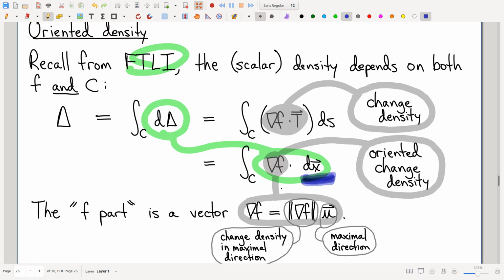We just kind of made up that idea of an oriented size, dx, and therefore interpreted gradient as being an oriented density. And I claimed that we were going to encounter a morally equivalent idea eventually, and here we are.